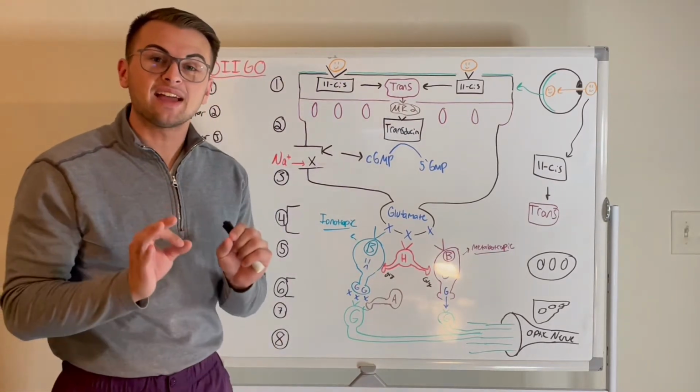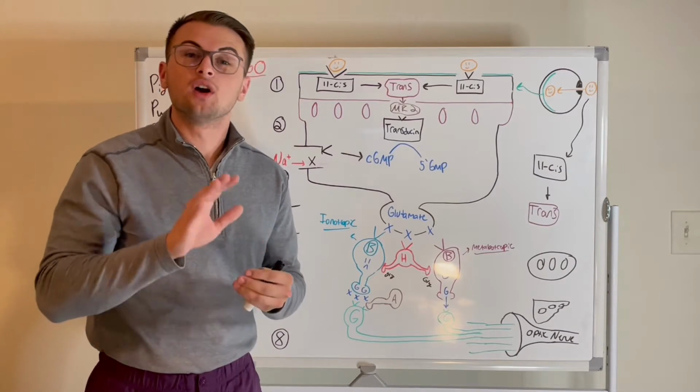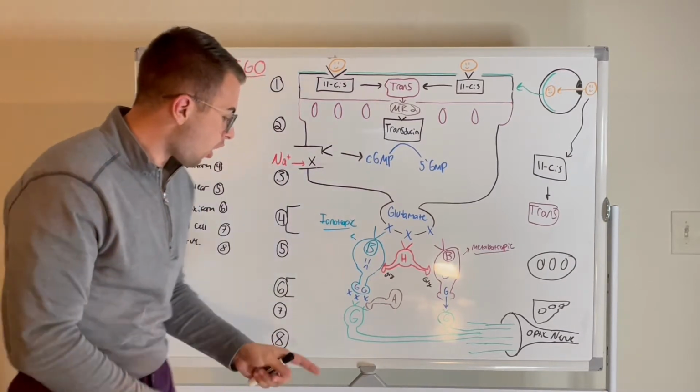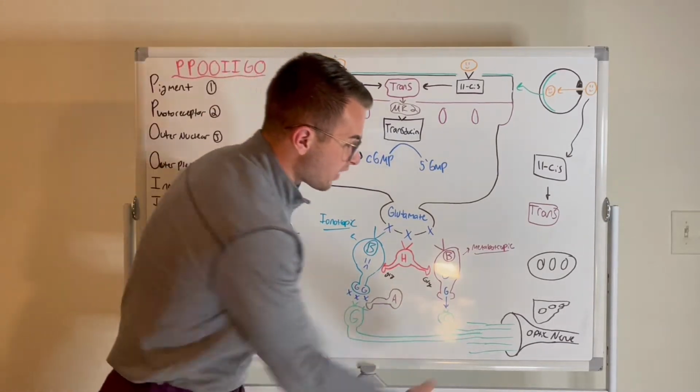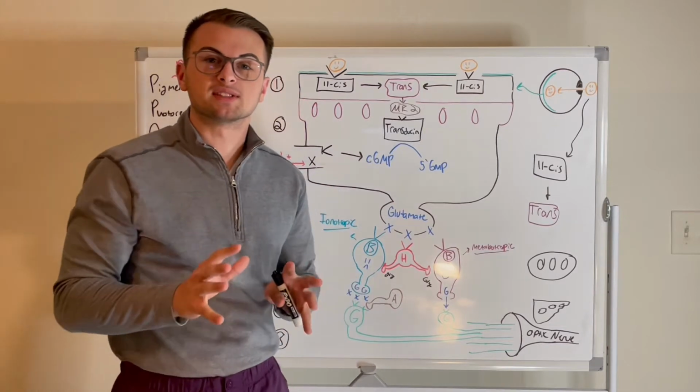So these ganglion cells, what's really interesting is that they have axons, which is expected, we know this, but the interesting thing is all of these axons bundle together to make our optic nerve. So let's break this down.